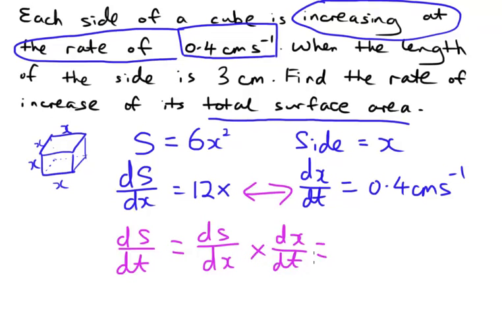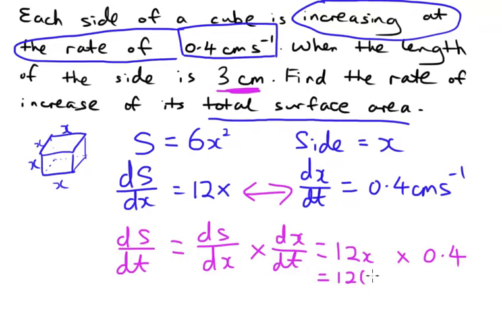So we just multiply. dS/dx is 12x times dx/dt, which is 0.4. What is your x? When the length of the side is 3 cm. So we put in the 3 here.